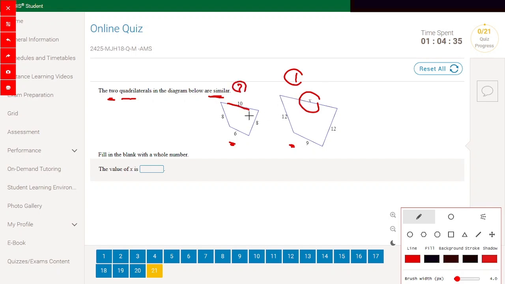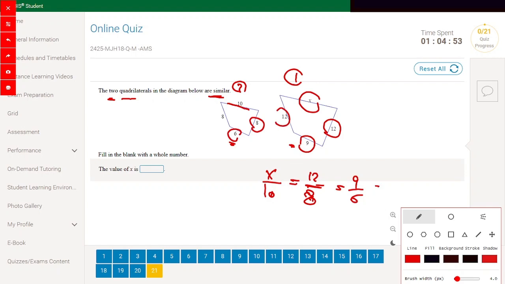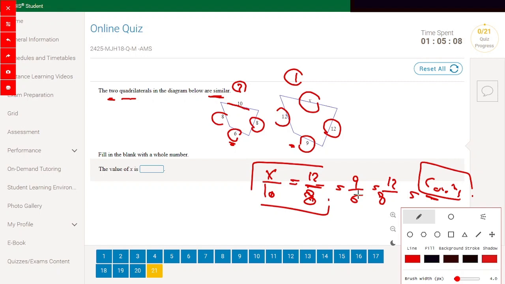So x divided by 10 will be equal to 12 divided by 8, and also equal to 9 divided by 6, and all of them equal to a constant value. Now he wants to know the value of x. We can take any parts to make it equal with x over 10. So let's take x over 10 equal to 12 over 8.